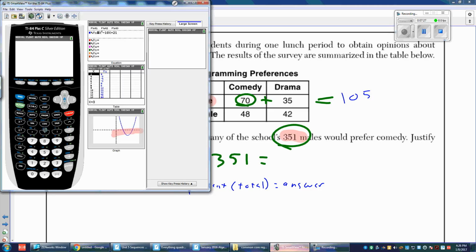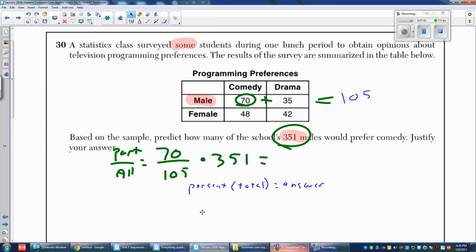So you do inside parentheses a fraction, 70 divided by 105, and then you times it by 351, and we get 234. So this equals 234. Justify your answer. We just did.